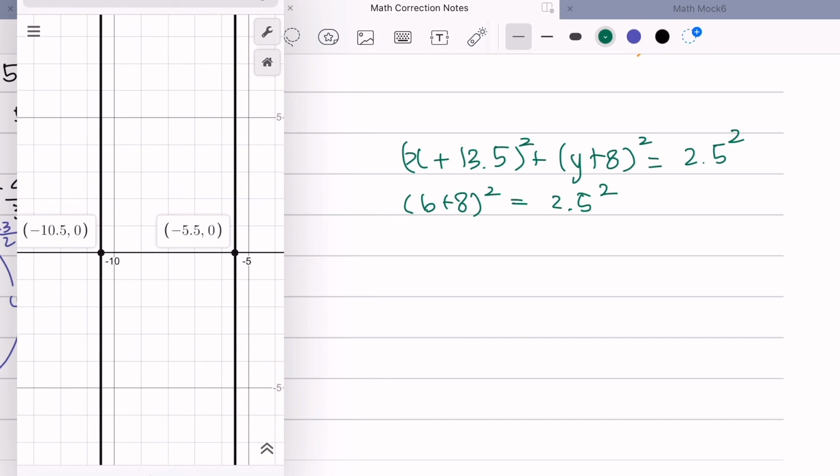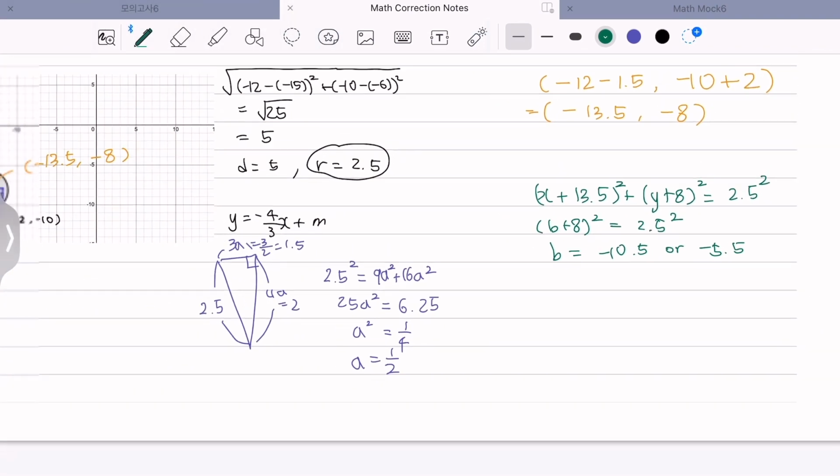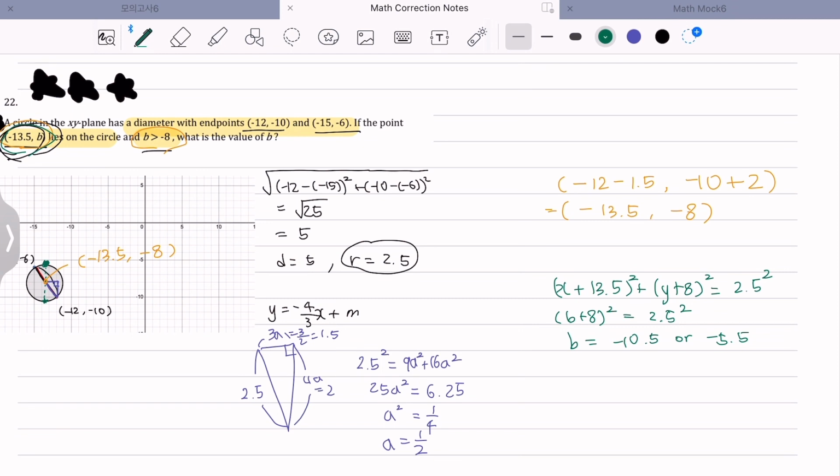You know that b would be either -10.5 or -5.5. So the star point's y value would be -10.5, and the point that we want to find has the y value of -5.5. And I think since b is greater than -8, it would be -5.5. So the answer would be -5.5.